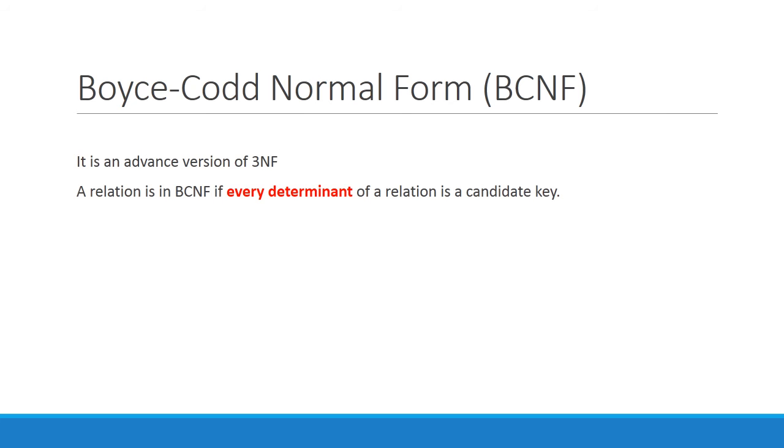Okay, and then how about the next step? There is a concept called Boyce-Codd normal form, BCNF. It is an advanced version of 3NF. A relation is in BCNF if every determinant of a relation is a candidate key.